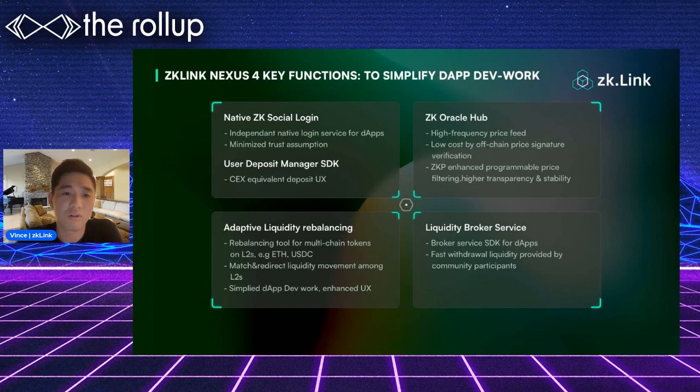A ZK Oracle Hub is the second key function that we develop for our dApp builders. What it means for perpetual contract trading, especially for order book perp trading, is that we always need to have a high frequency, low latency price feed from oracles. And if you feed the price each time and you do verification on the smart contract to verify the signature of the price feeds, it will be very expensive because it's high frequency.